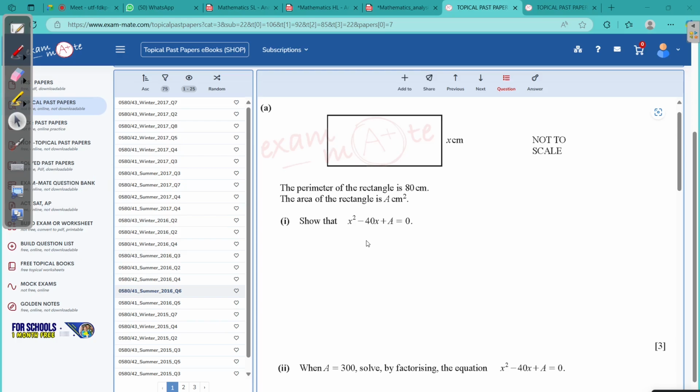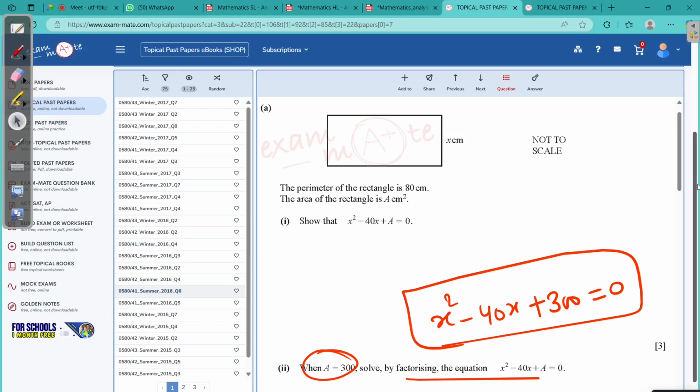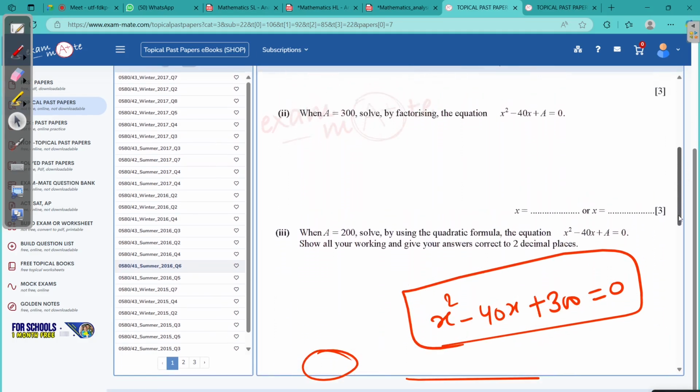Let us see the second. Now they are saying that if a is 300, solve by factorization. So now it is expected that you can find x for this equation by factorization, please try. So x squared minus 40x plus 300 is equal to 0.